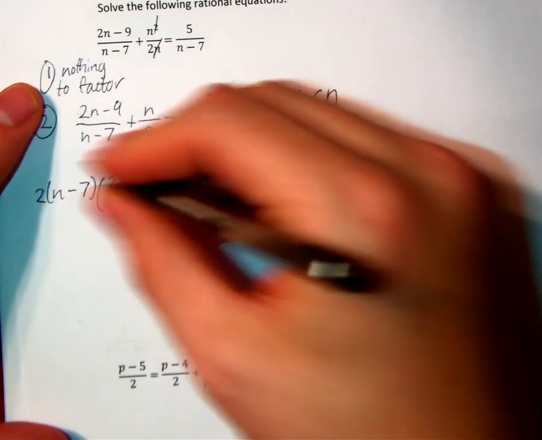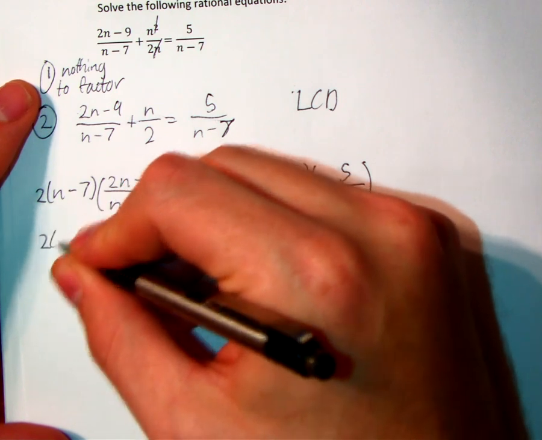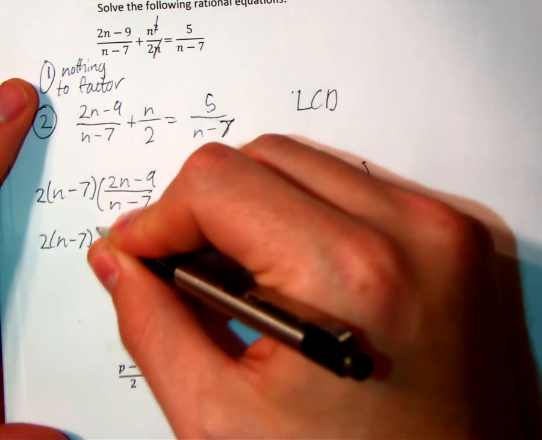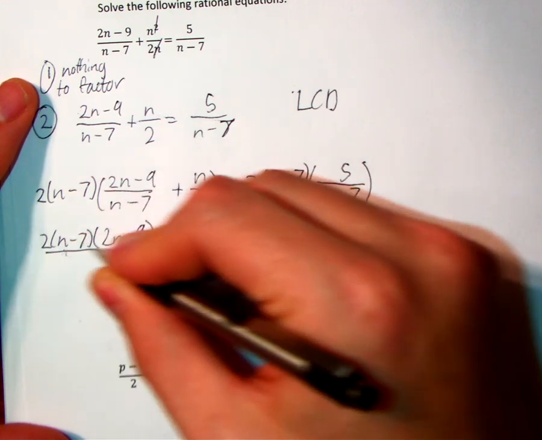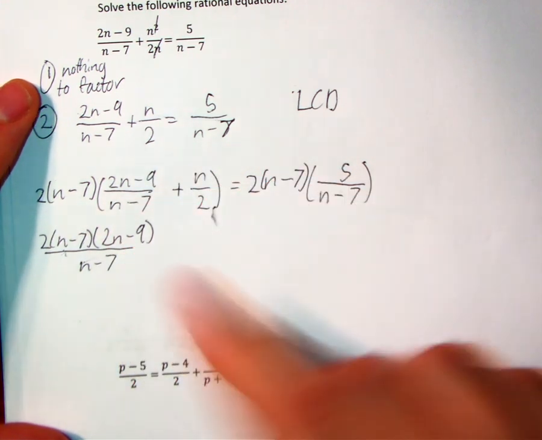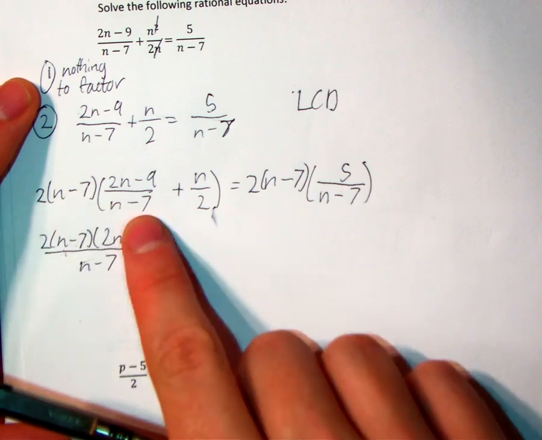Okay, so let's rewrite this expression here. I've got 2 times n minus 7 times 2n minus 9, okay, over n minus 7. So I've just distributed that least common denominator in my first fraction.